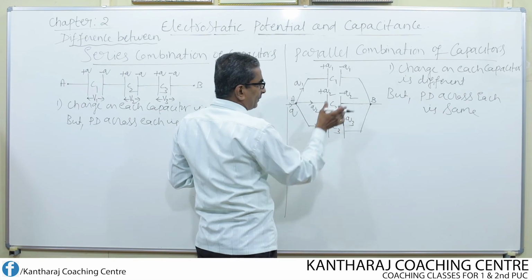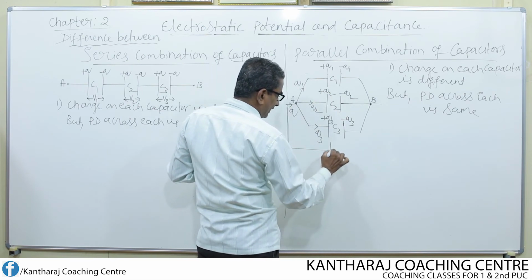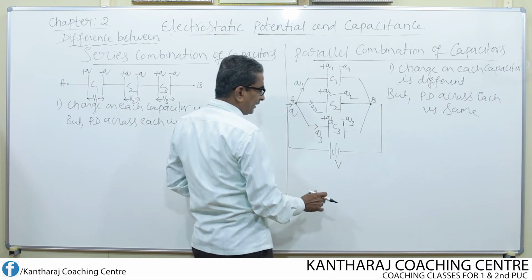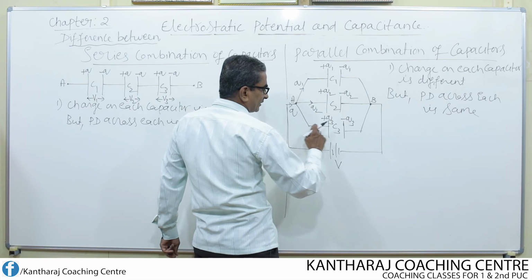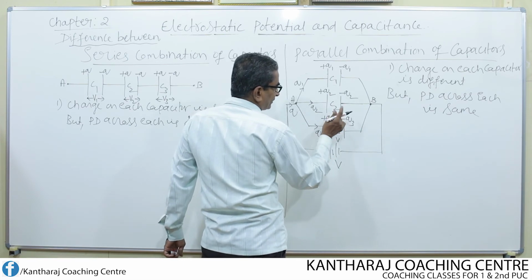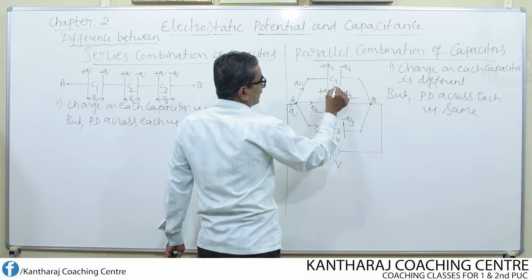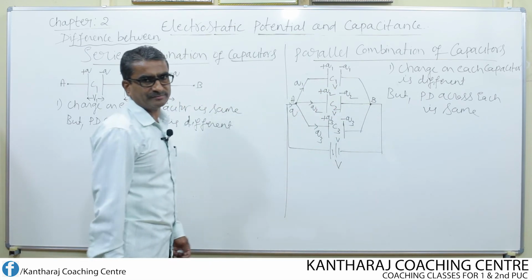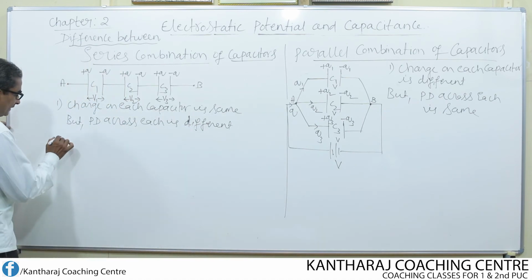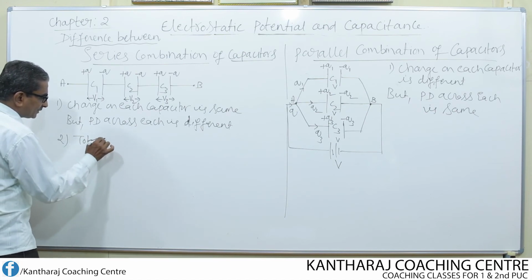If the 2 points of the combination are connected to a battery or a voltage source of potential difference V, then the potential difference across the first capacitor is V, across the plates of the second capacitor it is V, and across the third capacitor also it is V. So this is one difference. Then secondly, in series, what is the total potential difference?